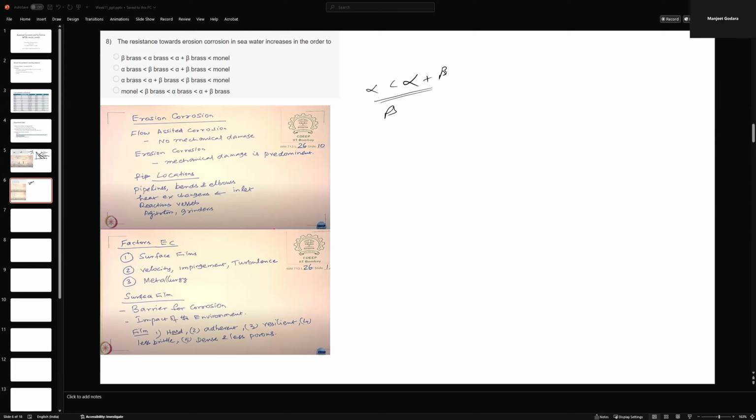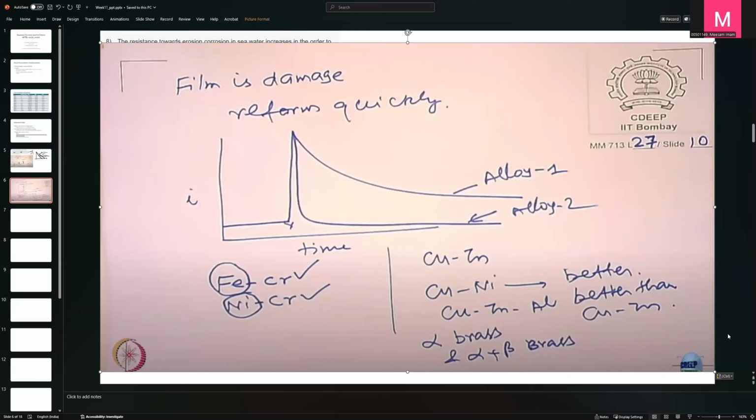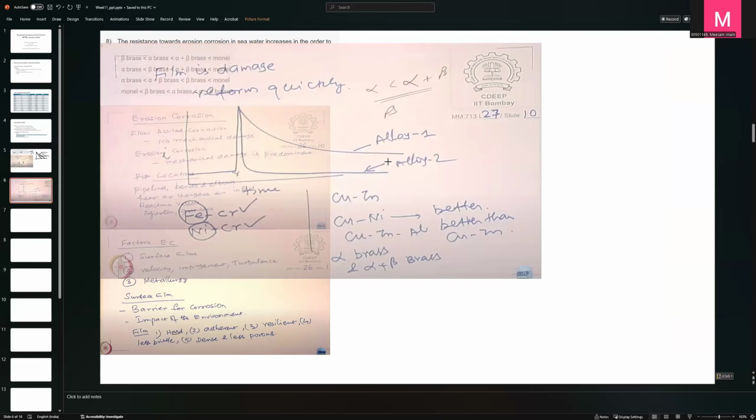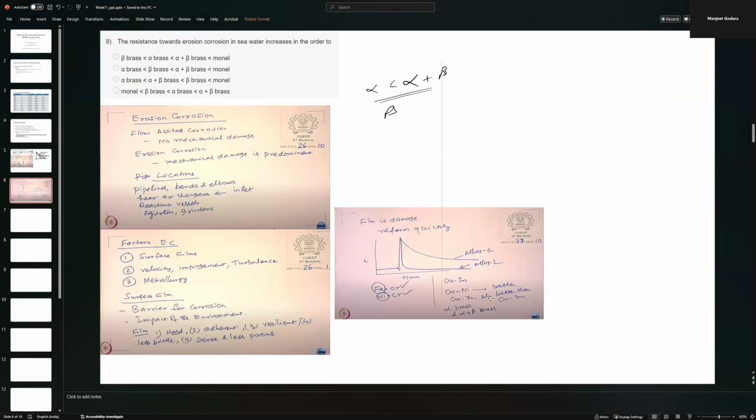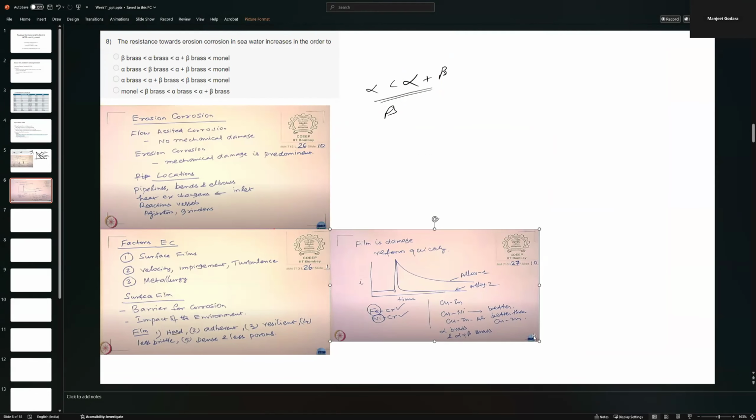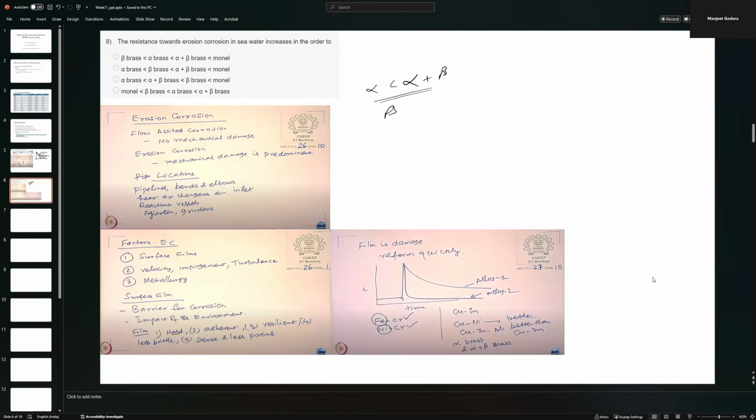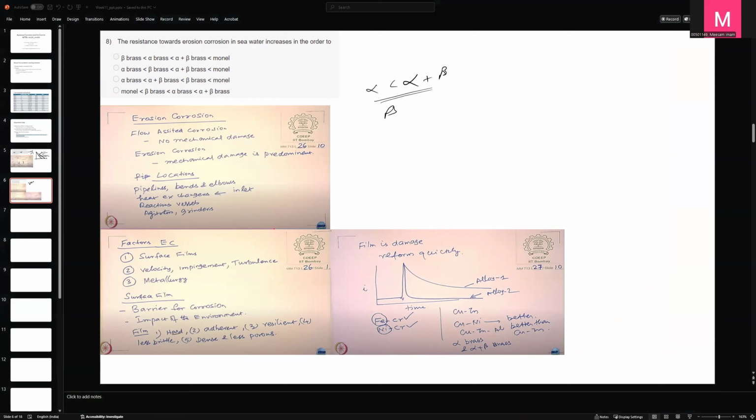With respect to the copper and zinc content, right? No, this was one graph, another graph. There were two scales.